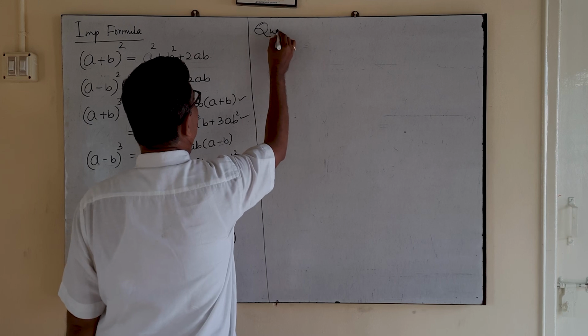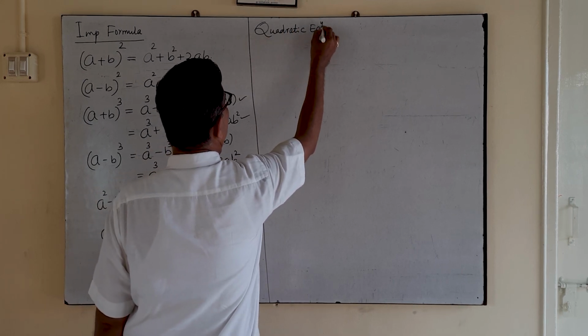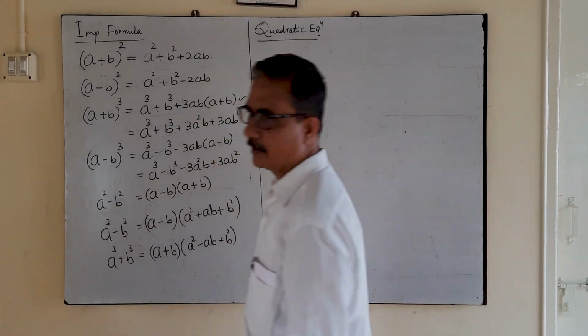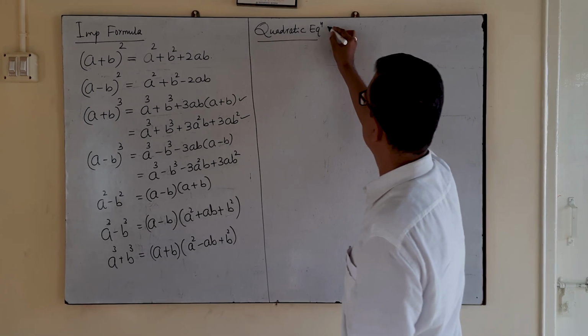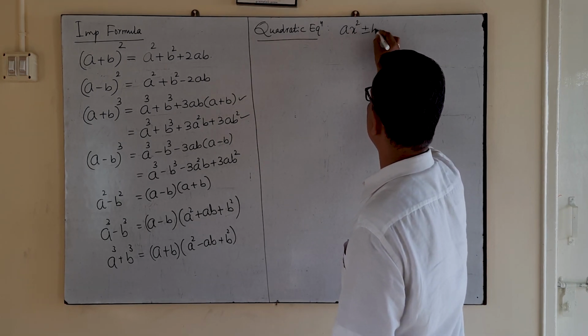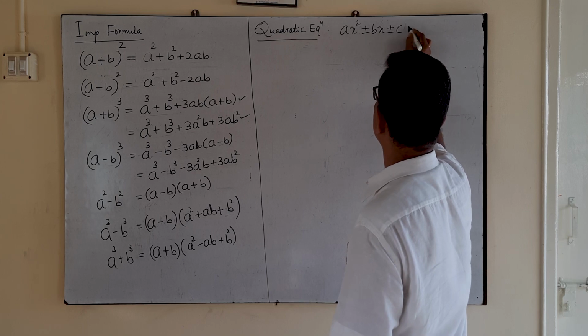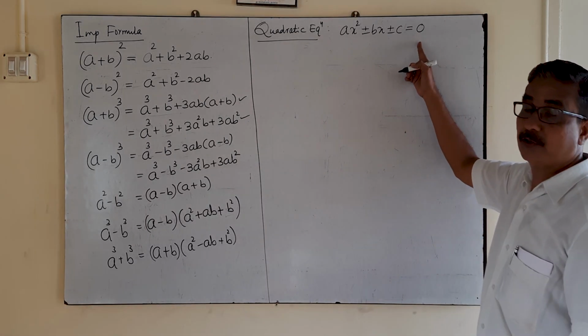The next part is quadratic equation. You have studied this also in 10th. What is the meaning of quadratic equation? An equation like ax square plus or minus bx plus or minus c is equal to 0.